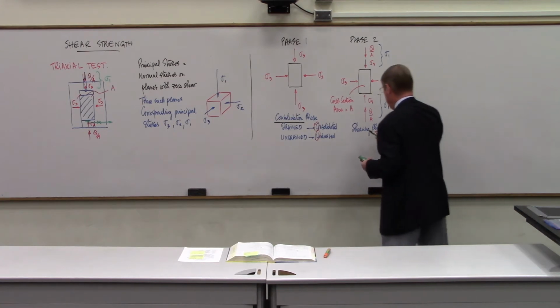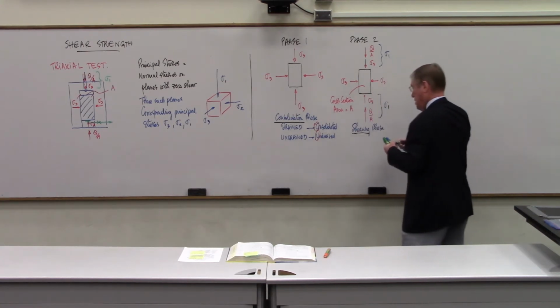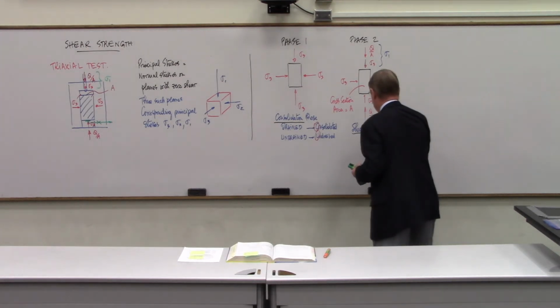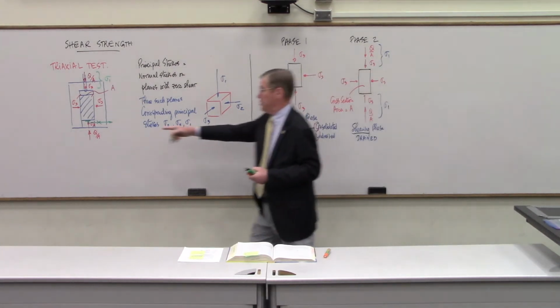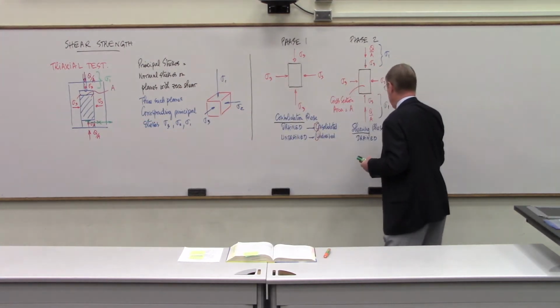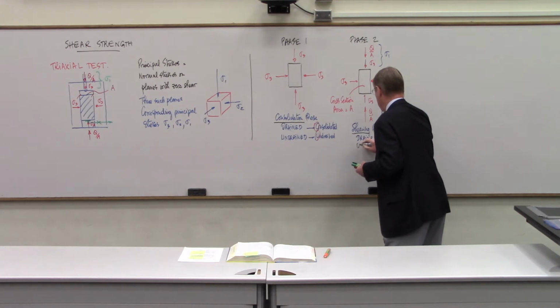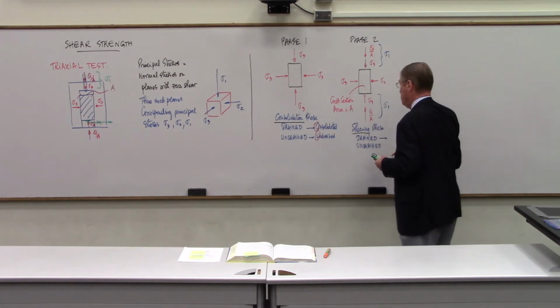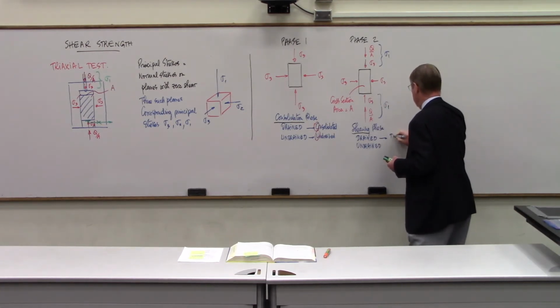And this shearing phase, we, again, can do it drained or undrained. So this can be drained. That means that we open the valve here, and then the green line lets the water go through, or we can do it undrained. Okay, we're going to use the letter D for this, and we're going to use the letter U for this.